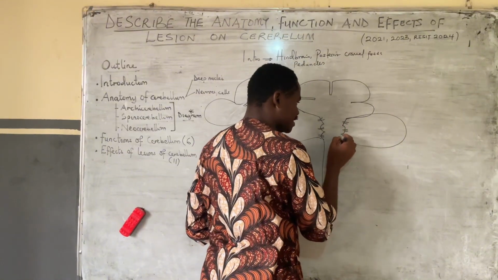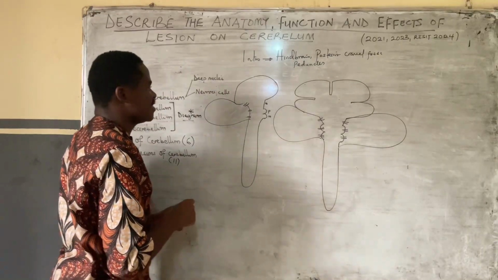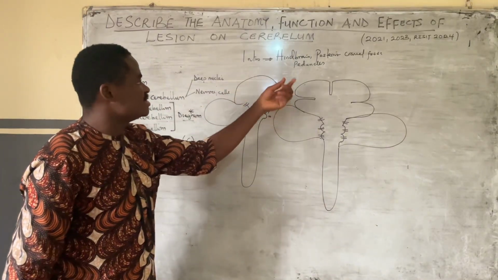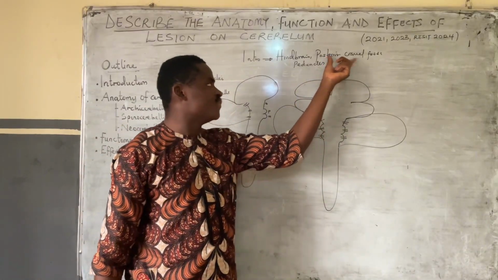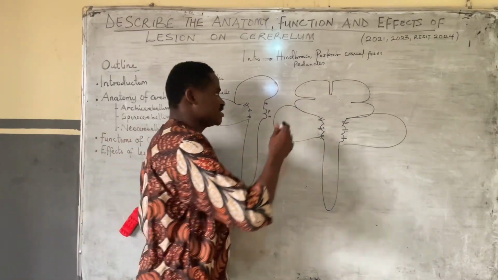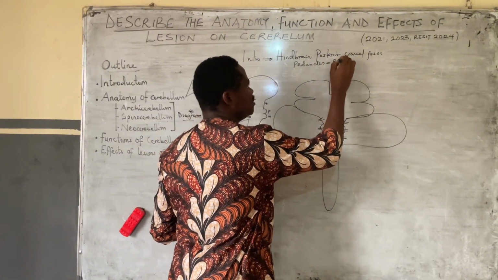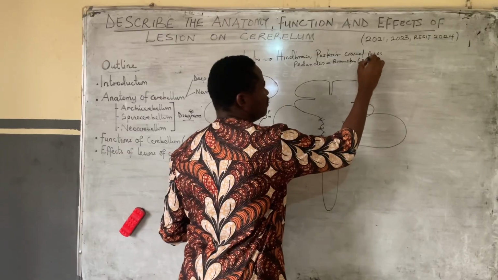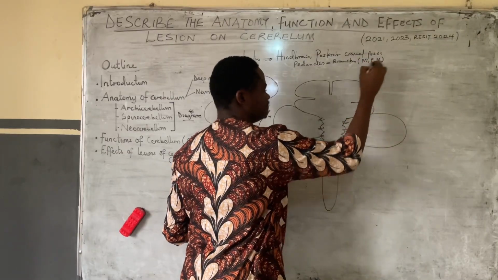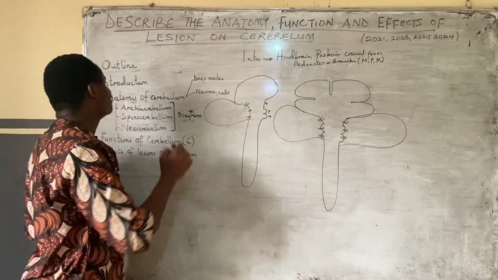So I've been able to show you that the introduction says it's a structure of the hindbrain that is located in the posterior cranial fossa that is joined to the brainstem using what we call the peduncles. What do I mean by brainstem? I mean the parts of the midbrain, the pons, and the medulla. All right, so that's good for an introduction.